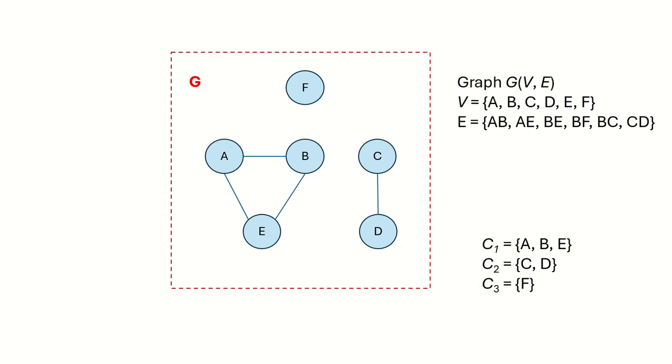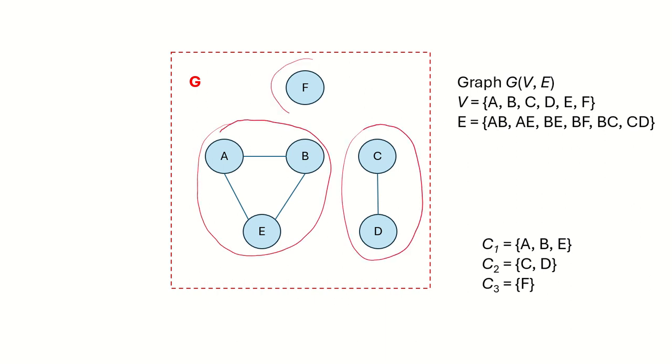This is another graph. We see that this is one connected component, this is one connected component, and this is another connected component. So these are the three connected components. These are subgraphs of the original graph. Each subgraph is, let's say, C1.